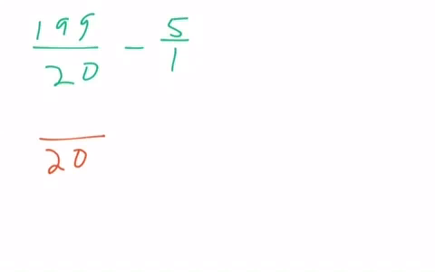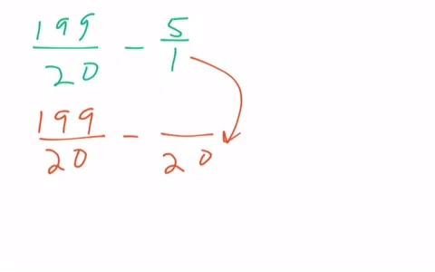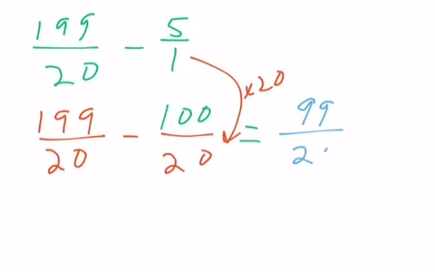So I'm going to keep this one, 199 minus. This needs to turn into a 20. 1 times 20 is 20. So we need to do the same thing to 5. 5 times 20 is going to be 100. And now we subtract. 199 minus 100 is 99 over 20.